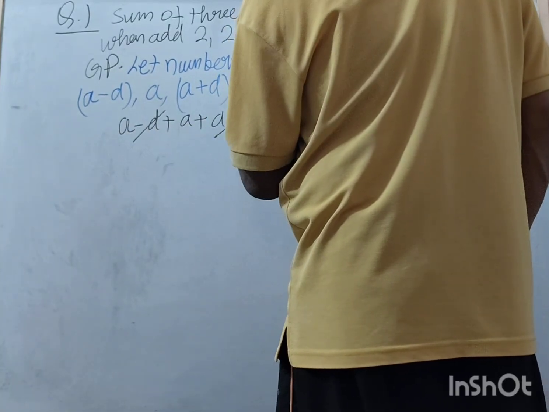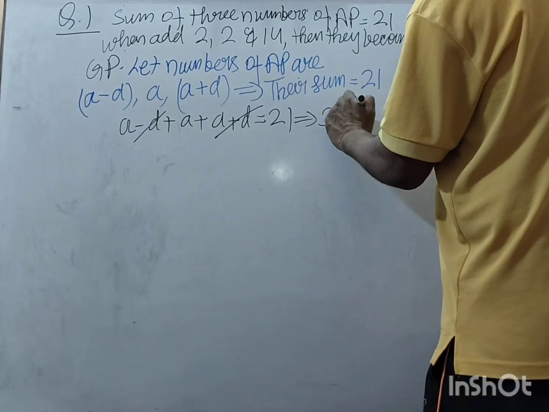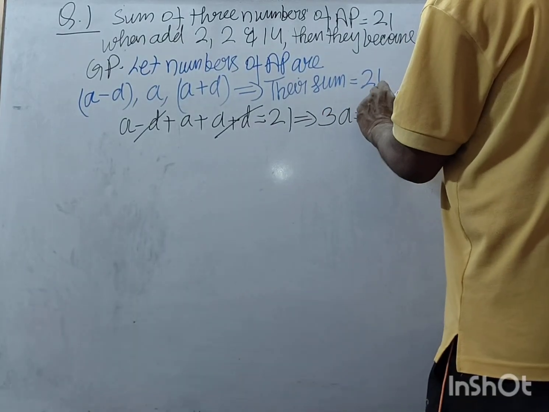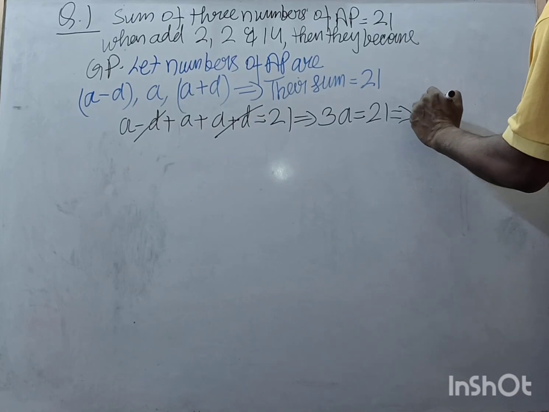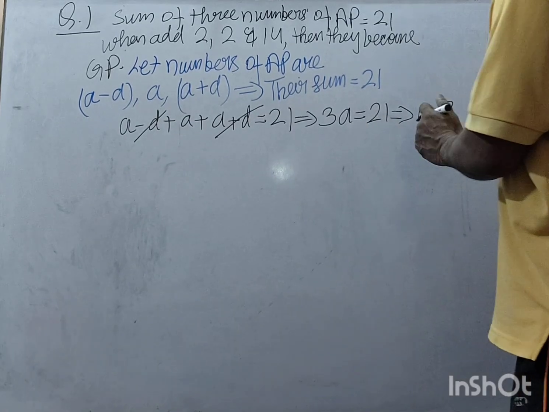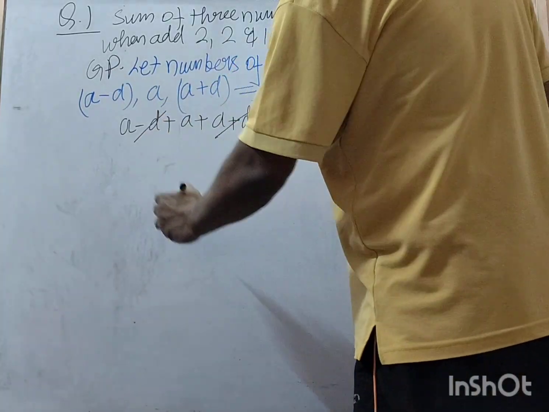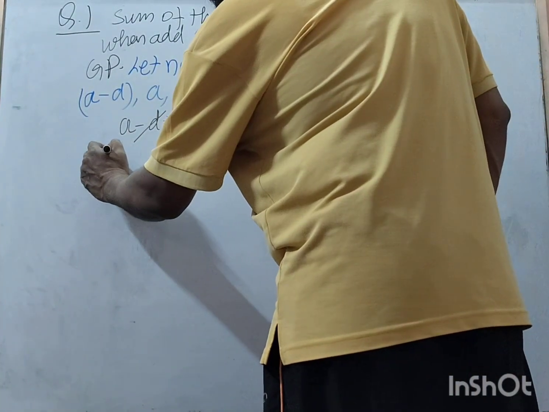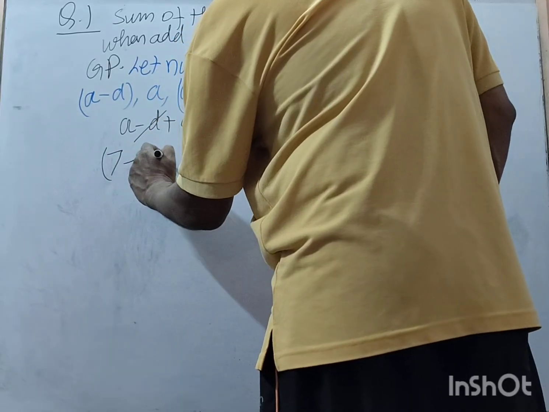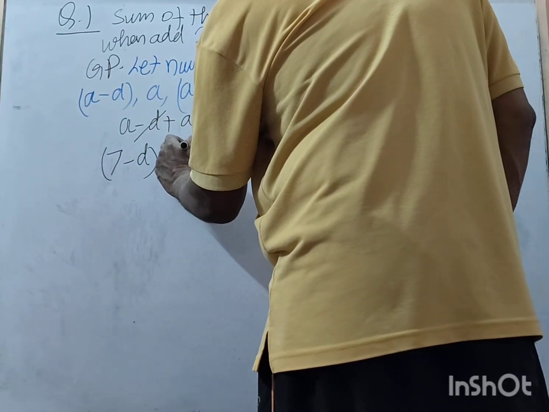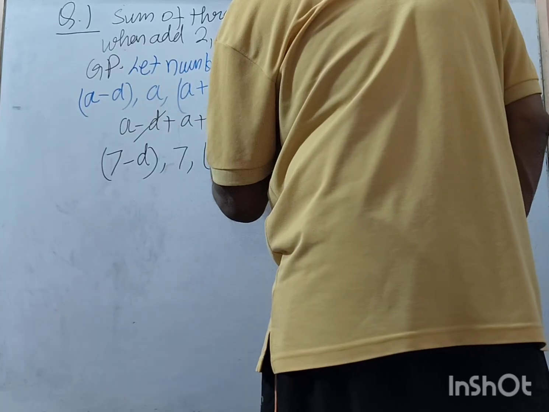Minus d plus d is gone, so we get 3a is equal to 21, so a is equal to 7. So the numbers become 7 minus d, 7 and 7 plus d.